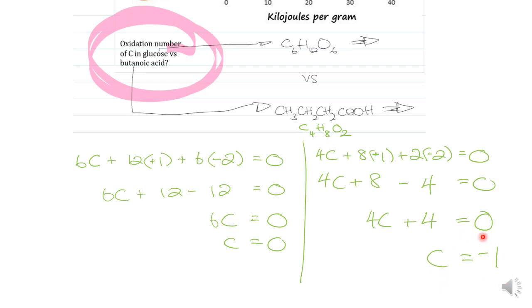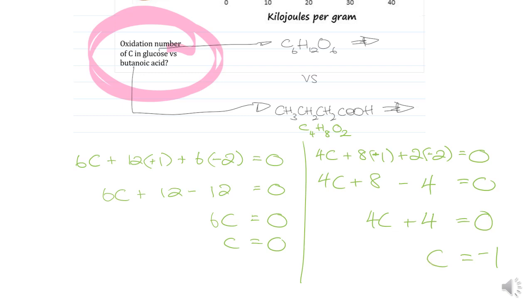This is more reduced because it's gained those negative charges, which means I can fit more oxygen molecules onto this when I burn it. There are more chemical bonds for me to be adding oxygens onto in here, which means that this is going to release more energy. This is what we mean by more reduced.